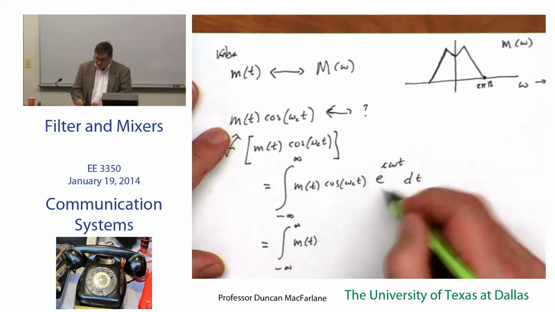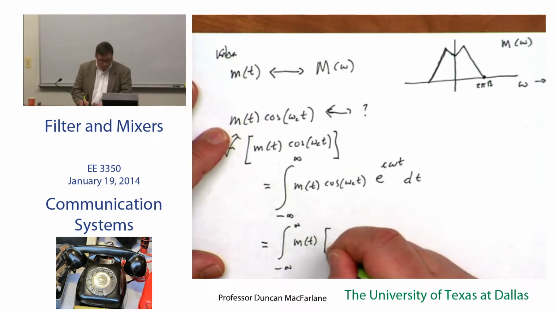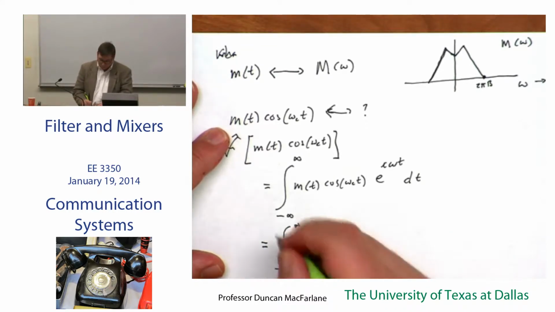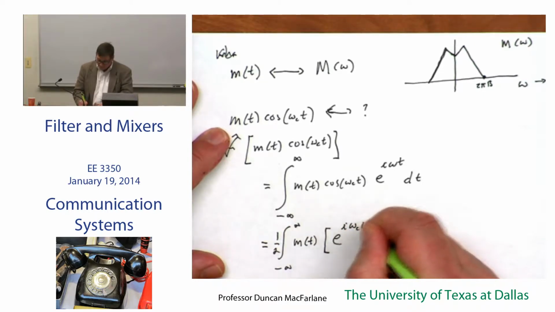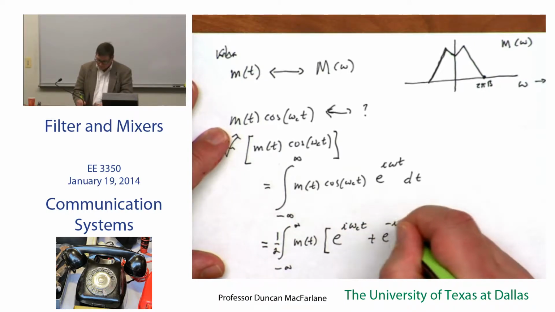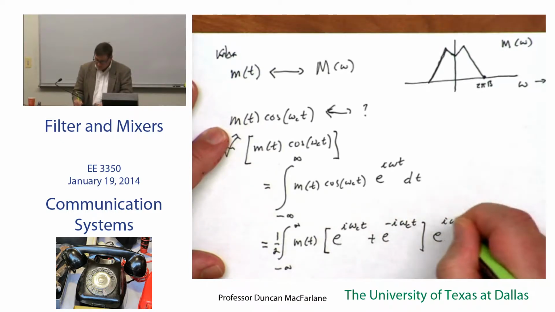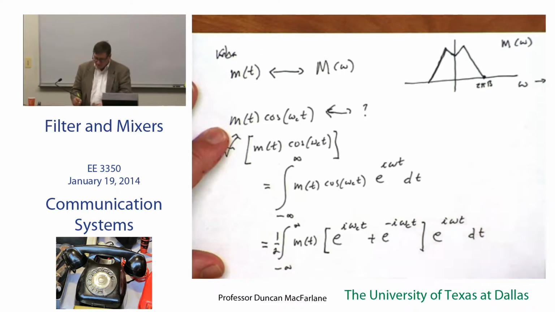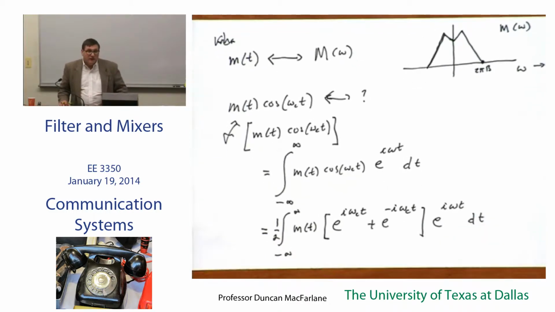I've got a complex exponential here, and I've written the cosine as a trig function, and that'll never do. So I can convert that to a trig function, or I can convert that to a complex exponential. And because it's a Sunday afternoon, I feel like converting that to a complex exponential.